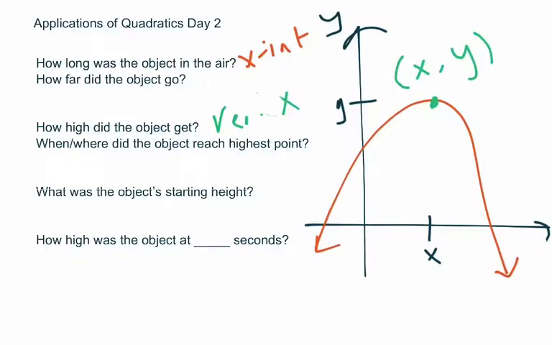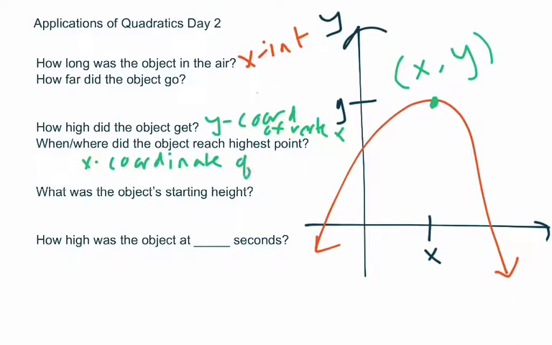I'm actually going to erase the word vertex right here. That's going to be the y-coordinate of the vertex. And where and when would be the x-coordinate of the vertex.